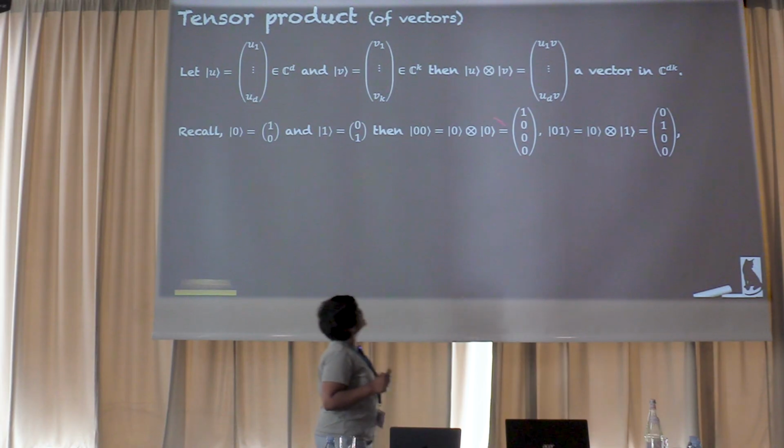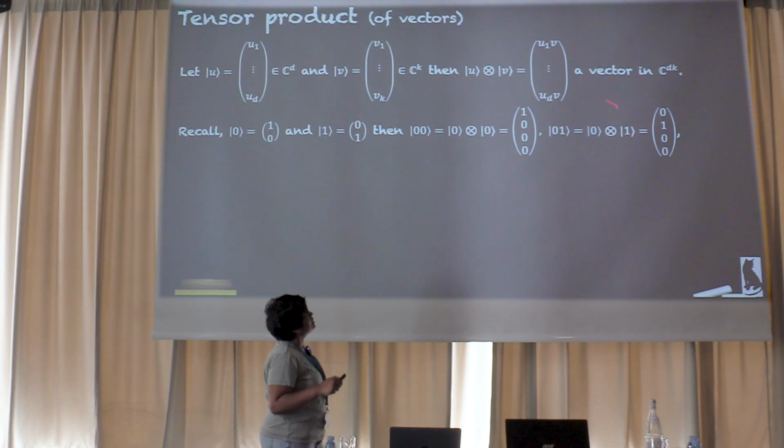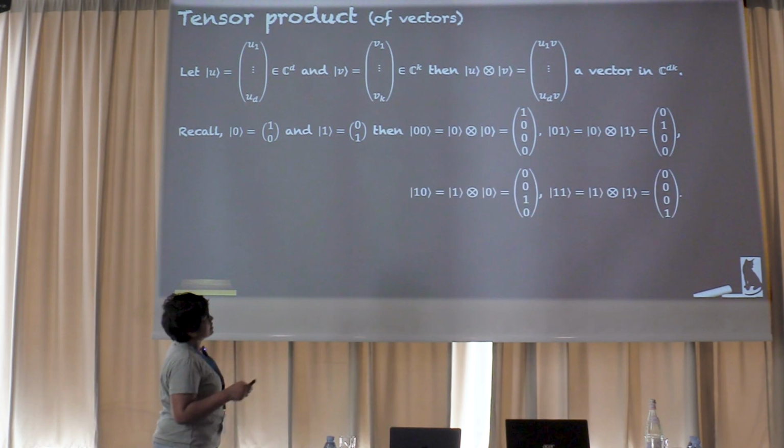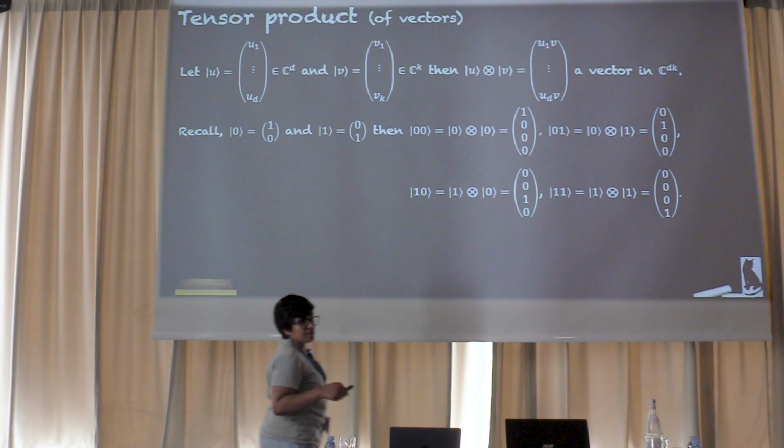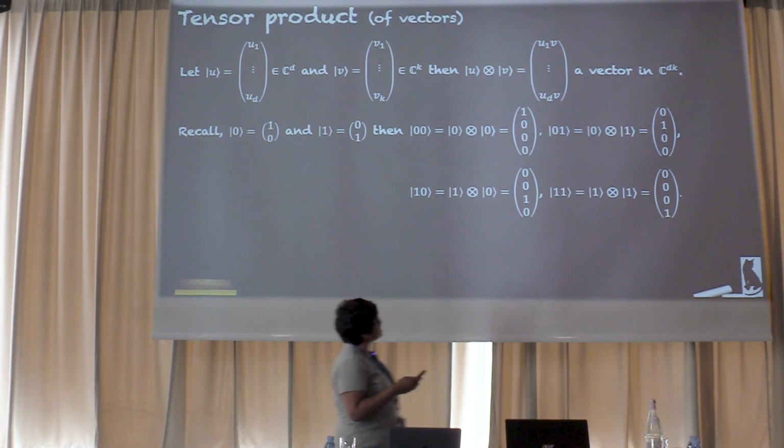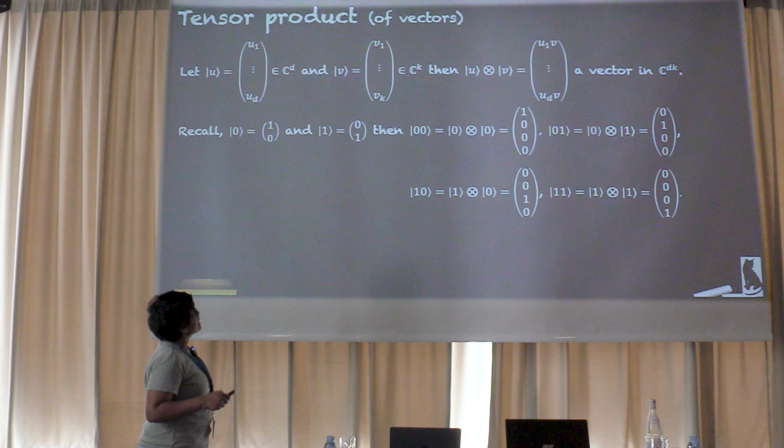So my 0, 0 is nothing but 1, 0, 0, 0 here. 0, 1 is 1 in the second position. 1, 0 will be 1 in the third position. And 1, 1 will be the 1 in the last position. Now, if you notice, these do form a basis for my 4-dimensional system, and that is the basis for my quantum state as well.